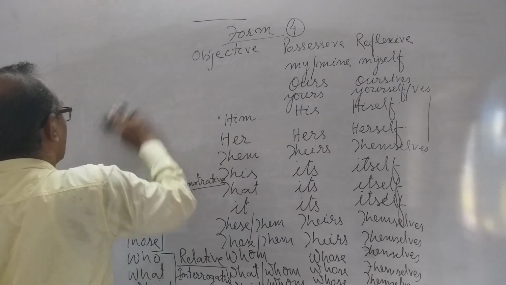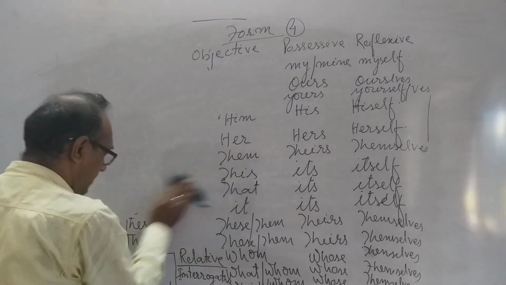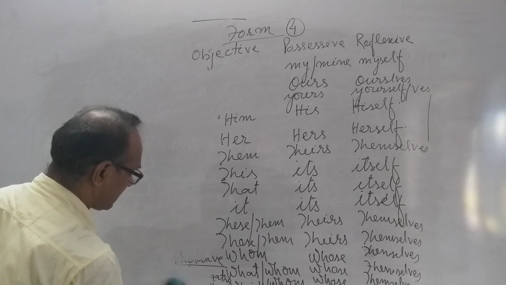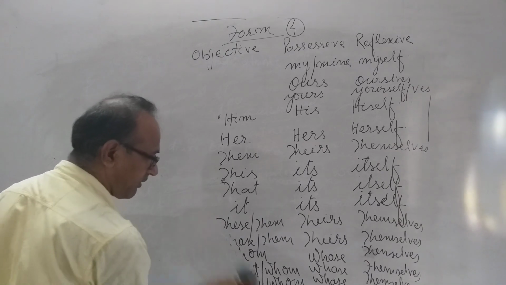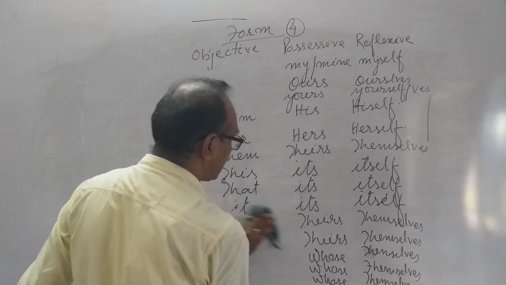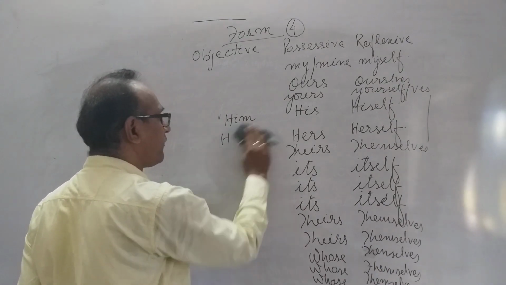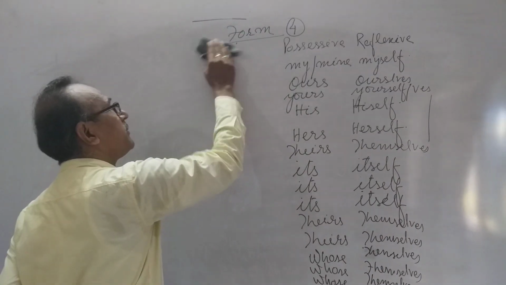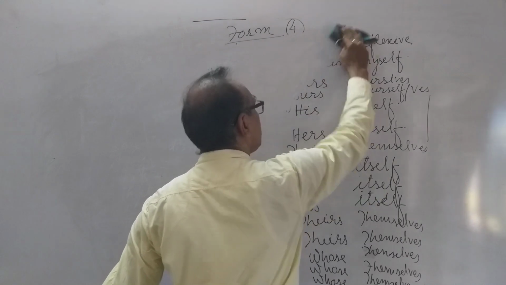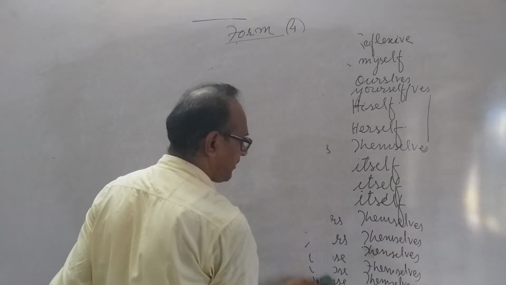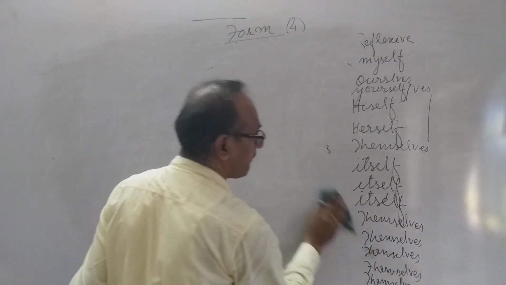Those are different from these pronouns by their character. But what is the common character of a pronoun? That it is used in place of a noun. Whatever the noun may be, if it is the replacing word, that will be called a pronoun.